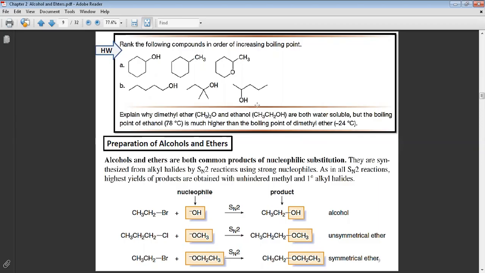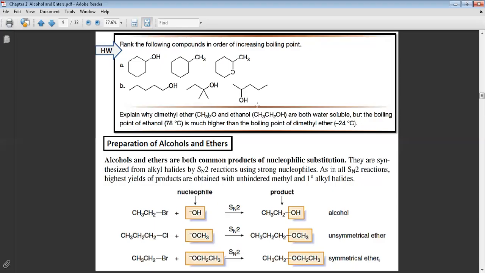If you don't have alcohol or ether, how can you prepare these compounds? Of course we can prepare them from other compounds. Now, alcohol and ether are both common products of nucleophilic substitution. That means if we make a nucleophilic substitution reaction for a special compound, it can give us the alcohol and ether.